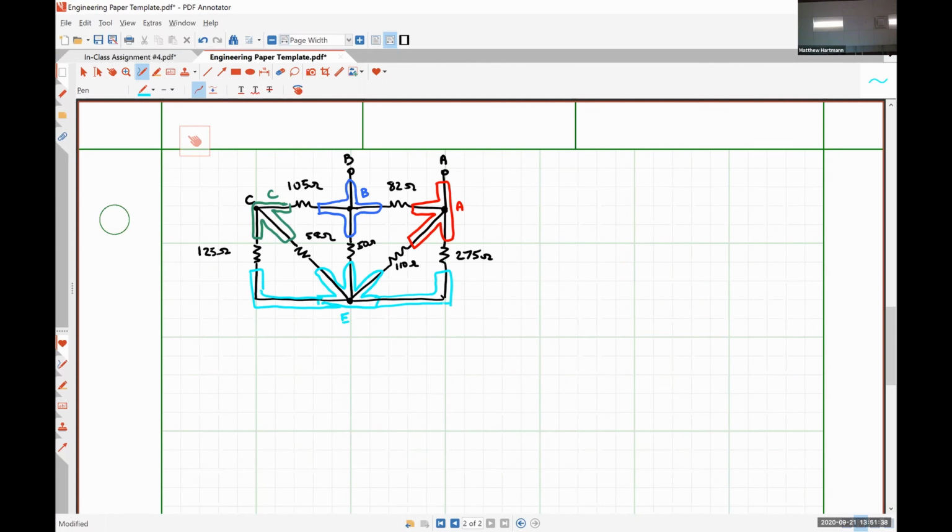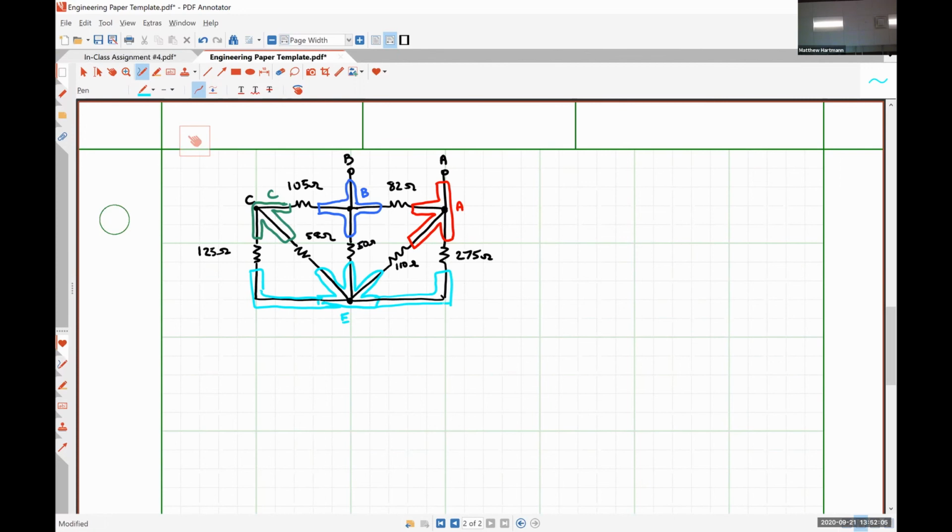So now that node E takes up the entire bottom, what has changed, right? So let's look. We can see that the 125 ohm resistor and the 58 ohm resistor, how are they connected? They're in parallel because they share the green and the light blue nodes. So let's combine those two guys, right?